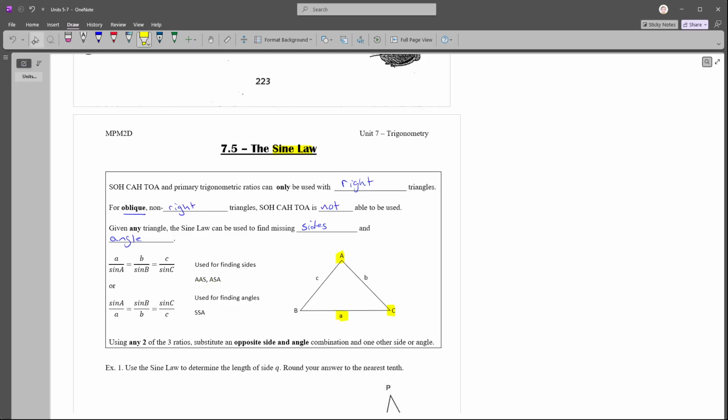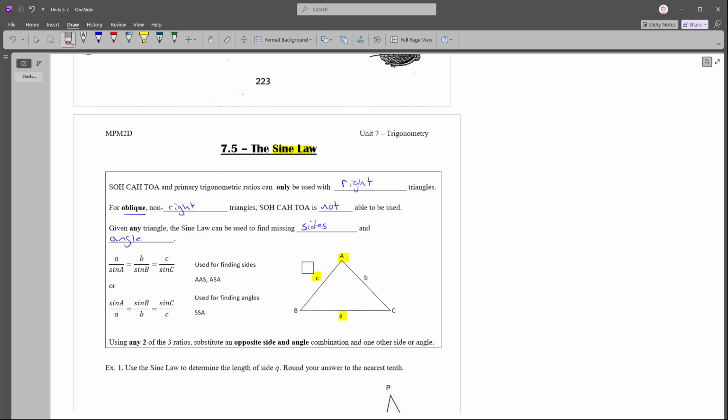If I am given an angle followed by the immediate side to it, followed by another angle, I can apply it in that case too. Or finally, if I have a side, followed by a side, followed by an angle, that is also a case where we can apply the sine law.